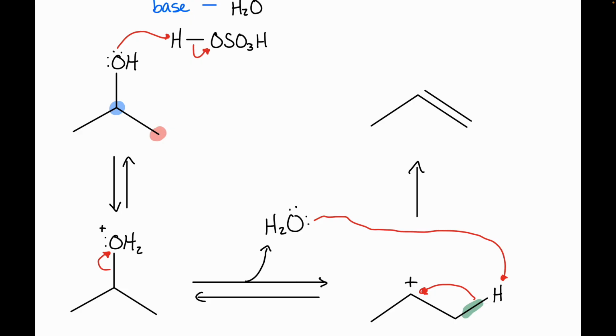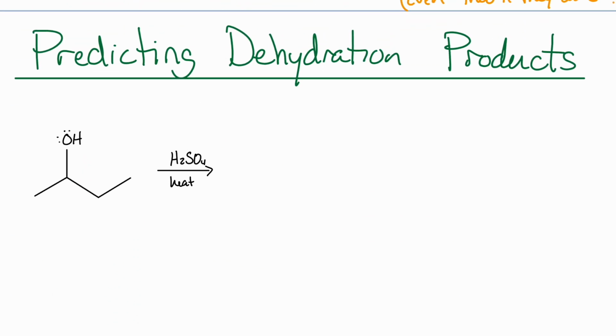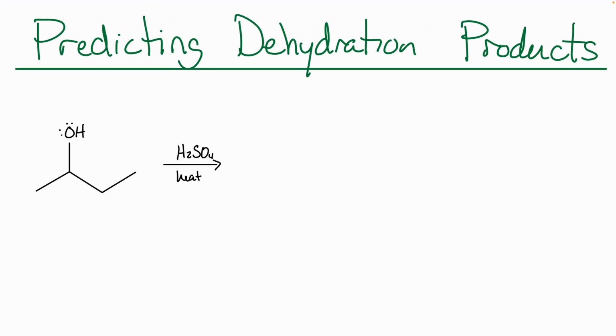Well, in this case, it wouldn't matter which neighbor I chose. I would get my same product. But here, it is going to matter, right? I could have my dehydration happen over here with my carbon on the left, or I could happen over here with my carbon on the right, and that would give me two distinct alkene products.